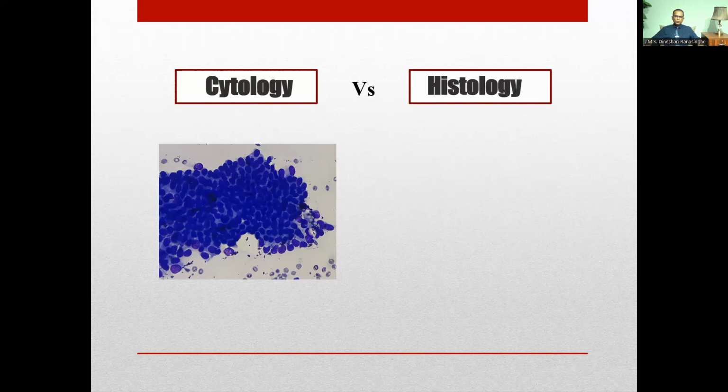So what we usually do is we look at the cells and how they have been arranged, whether they are in clusters or whether they are individually scattered, and how the individual cells are arranged in the clusters. At the same time, the morphology of these cells, whether these cells are big or small, whether the nucleus is big or small, or the chromasia, that means the color of it, and the nuclear membrane, and the pattern of chromatin distribution.